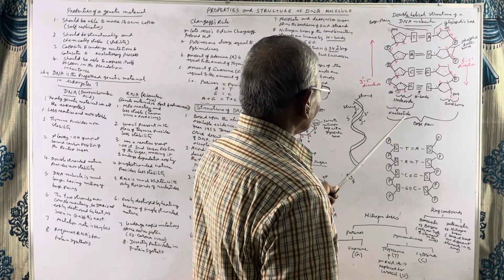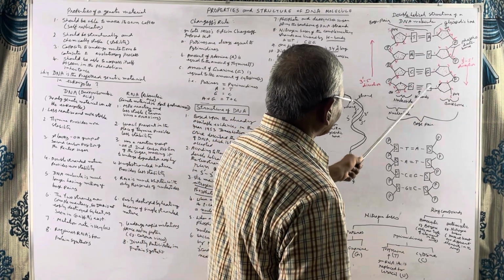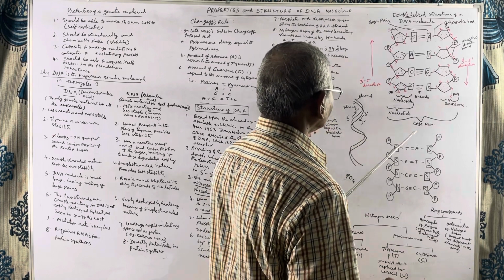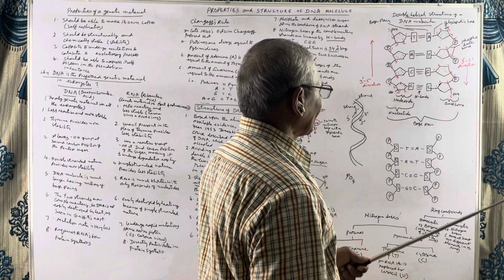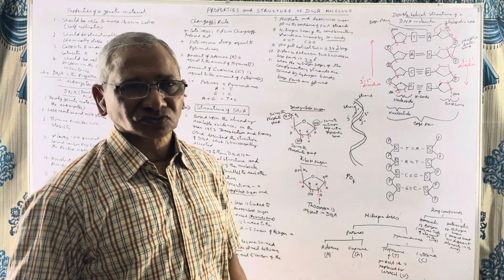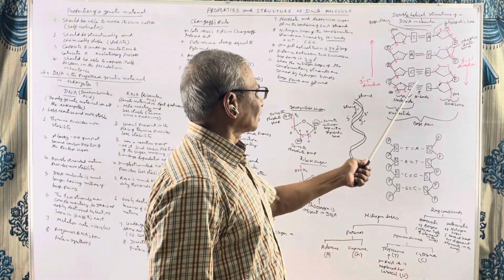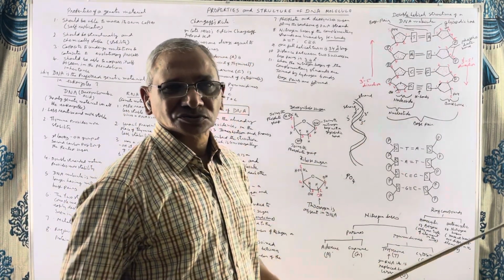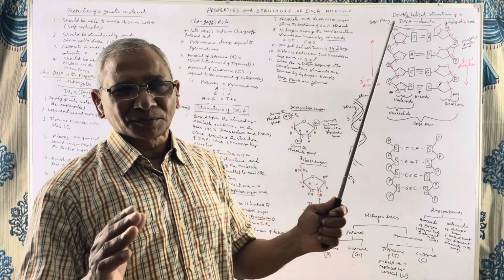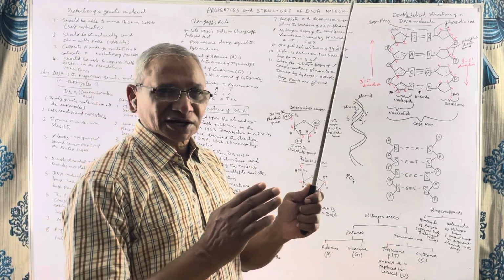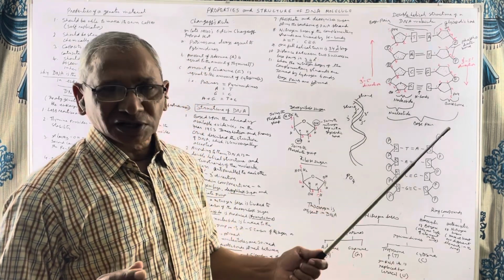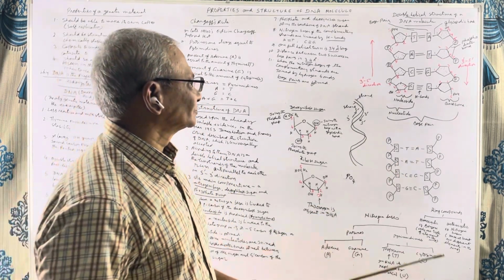So, the nucleotides of either side, this is one nucleotide, this is another nucleotide, are joined by hydrogen bonds. These hydrogen bonds are very weak bonds. Whenever it is required, these hydrogen bonds break up, and the two strands are separated, either for transcription or protein synthesis.